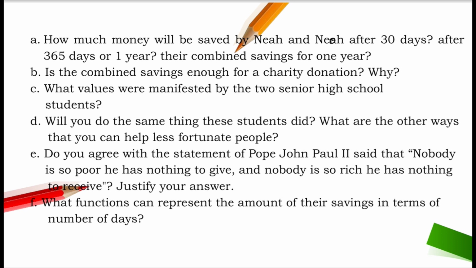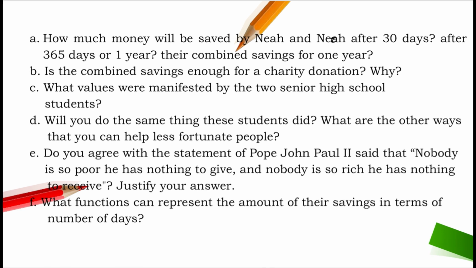B. Is the combined savings enough for a charity donation? Why? C. What values were manifested by the two senior high school students? D. Will you do the same thing these students did? What are the other ways that can help less fortunate people?